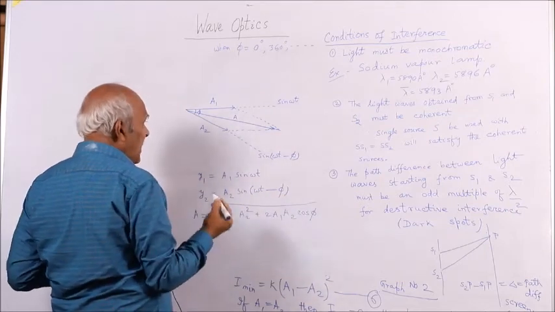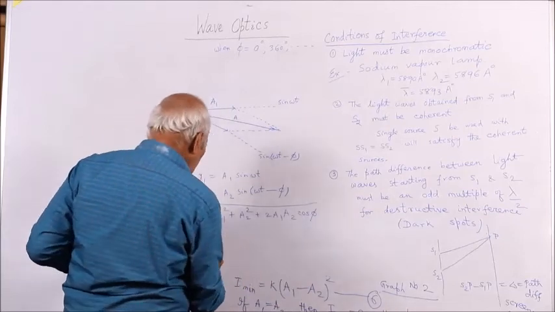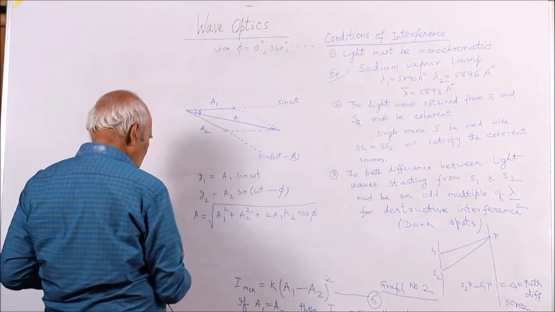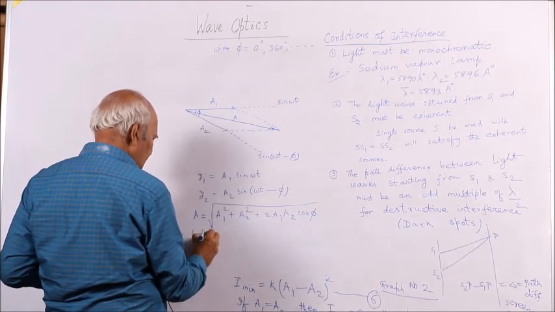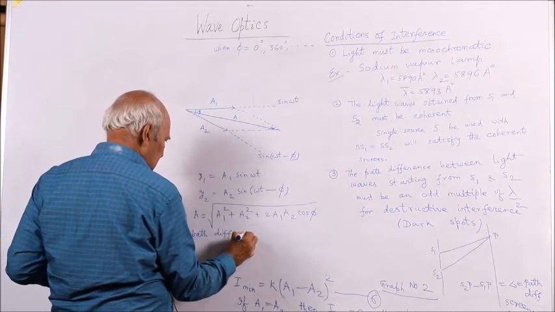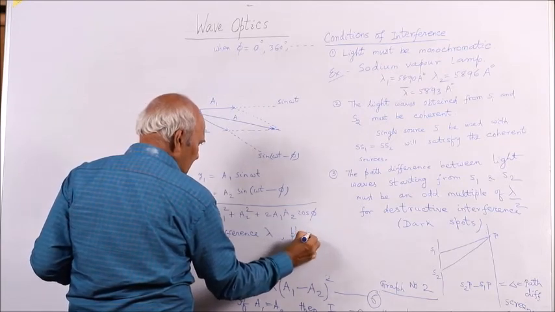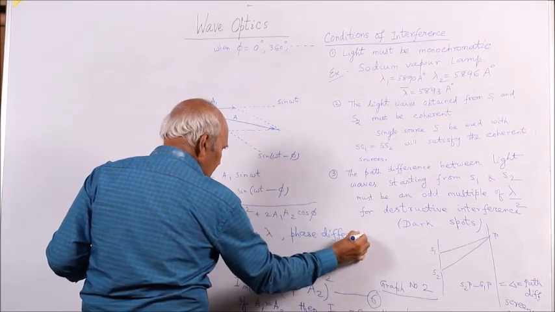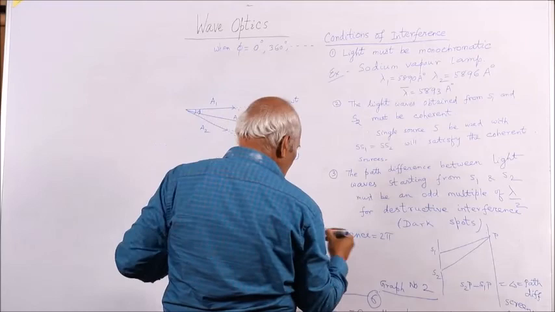Then how to get phi? From the theory of waves, for path difference lambda, the phase difference is equal to 2 pi radian.